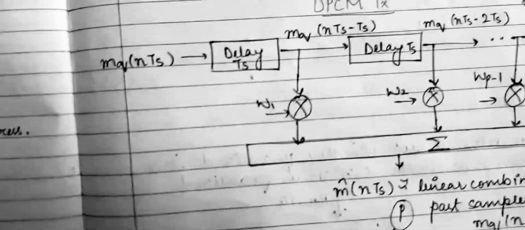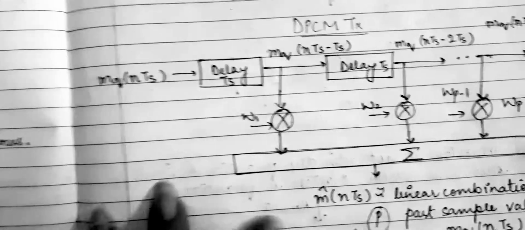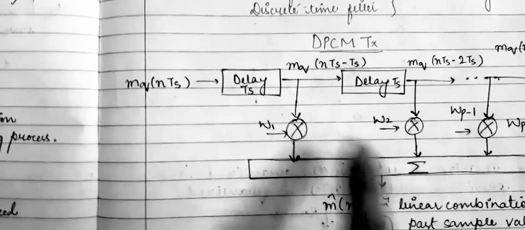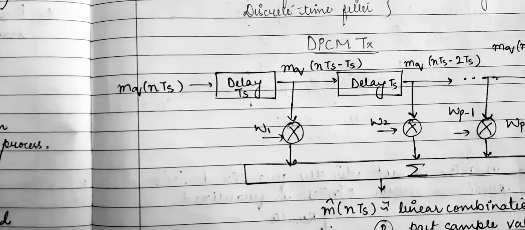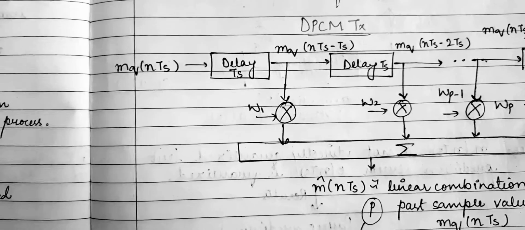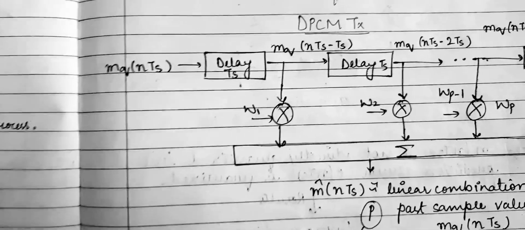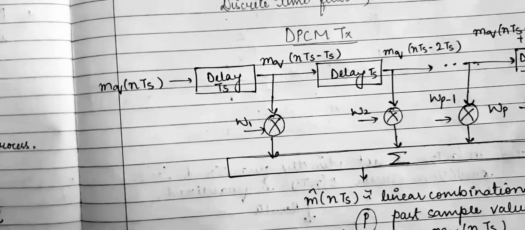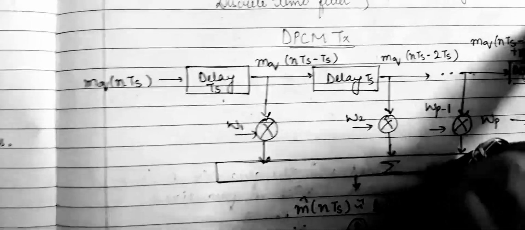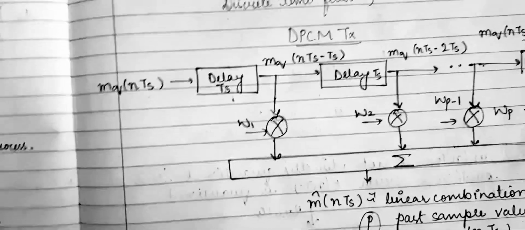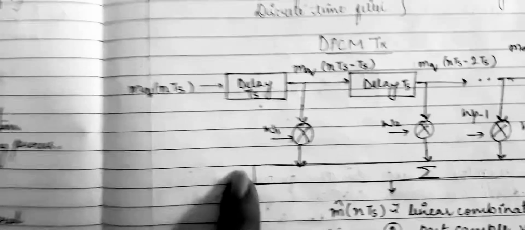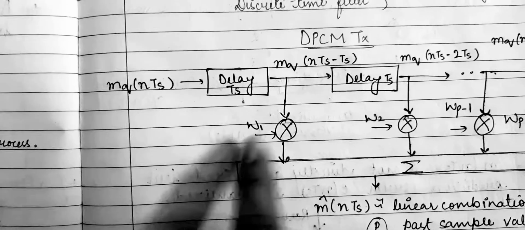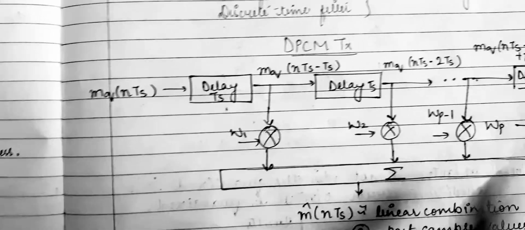Now for the simplified tapped delay filter with p delays as shown in the figure, here the quantized signal mq(nTs) is delayed up to p past sample values with corresponding weights denoted by w1, w2 up to wp.